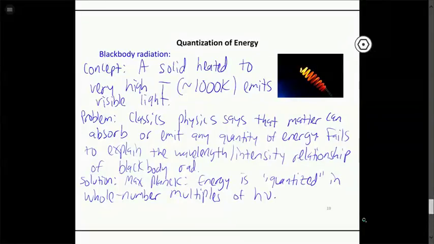So if you have electromagnetic radiation with a certain frequency, you can't have any old energy value you want for that frequency. It has to be quantized as h times the frequency, little discrete packets of energy.